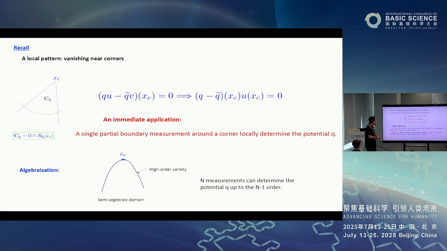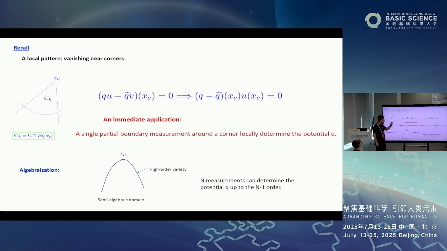Now, as we recall, we already proved that if the domain has a corner, then at the corner x_c we prove that (Q minus Q tilde)(x_c) times U(x_c) equals 0. That immediately implies that if U(x_c), the declared input of U, is not 0, then at this corner we must have Q and Q tilde be the same at x_c.